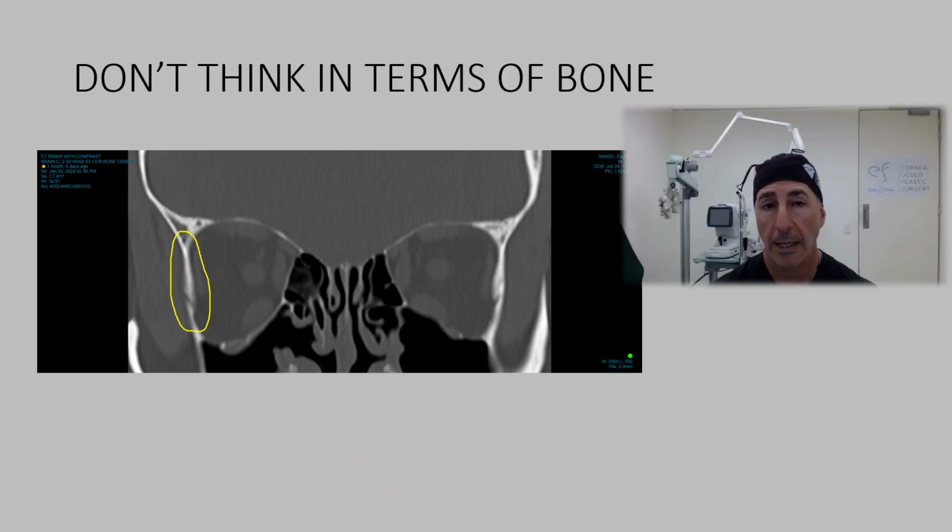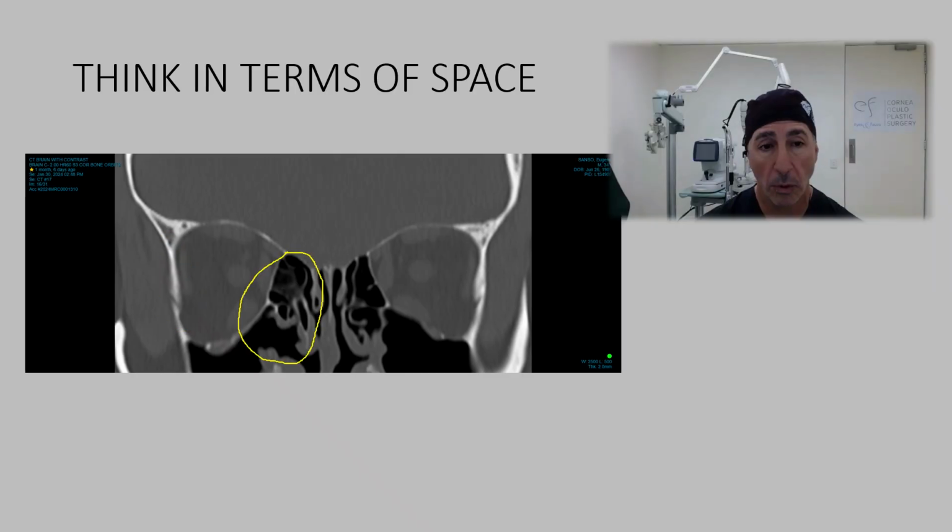To compare and understand, let's look at the medial wall. Here's the medial wall. So the bone is actually thinner, and we can remove it. But it's not the removal of bone that is allowing you to decompress and push the eye back. Yes, removal of bone is a decompression, but it's the space that pushes the eye back. And what's next to the medial wall?